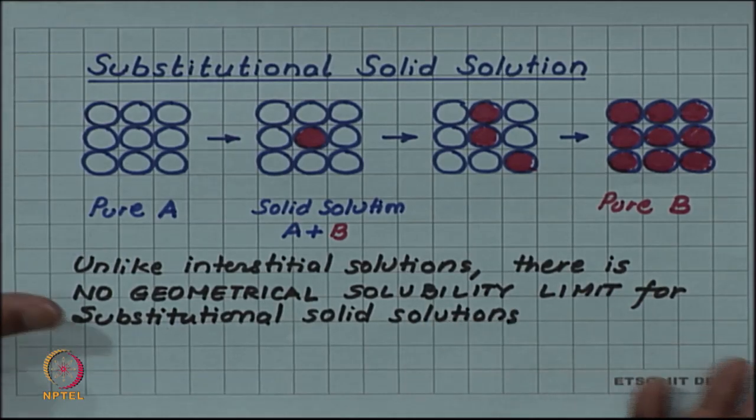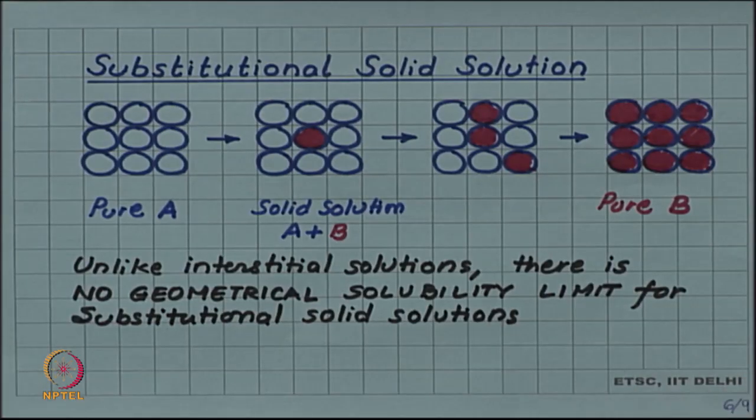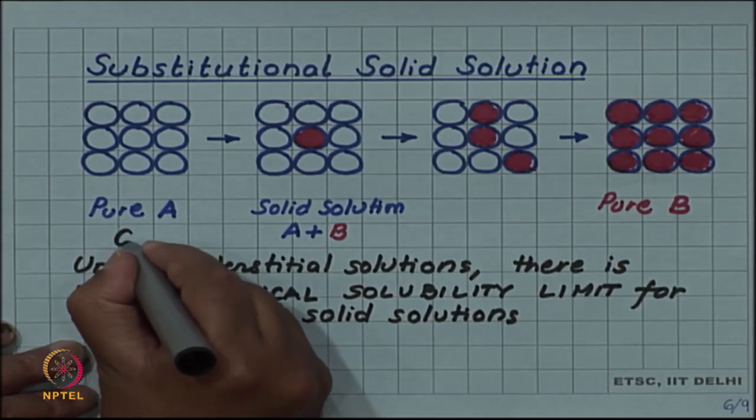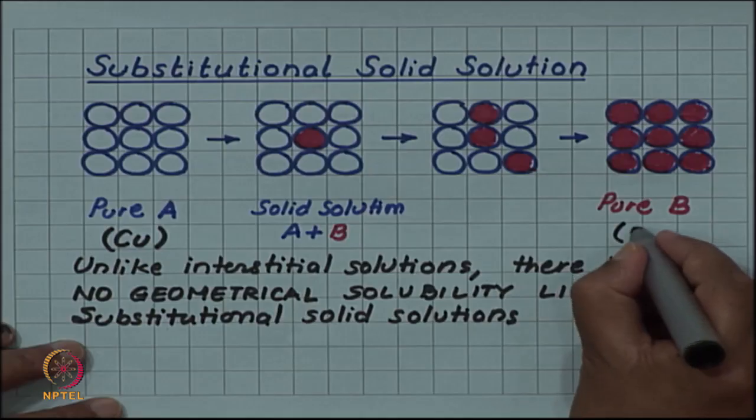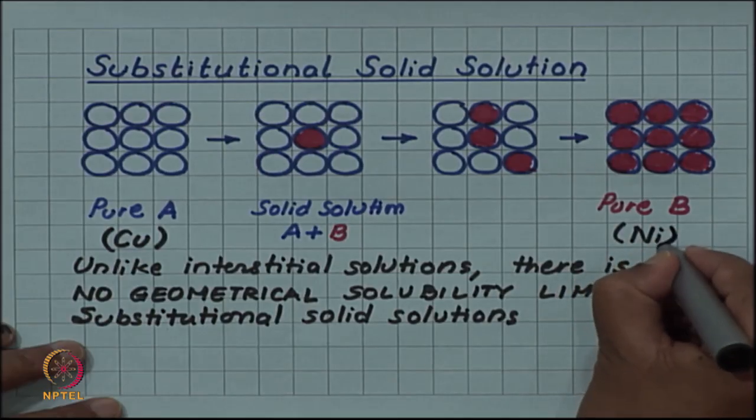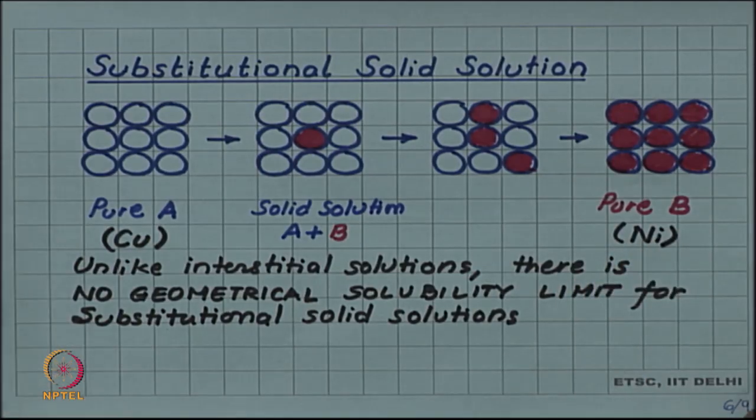So, this is an important difference between interstitial and substitutional solid solution, and we have already seen an example: if I take A as copper and B as nickel, I have a real life example of two elements which do just this.